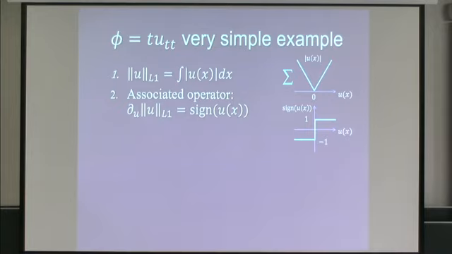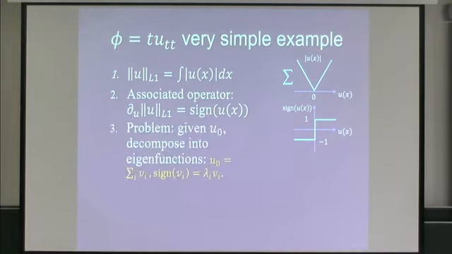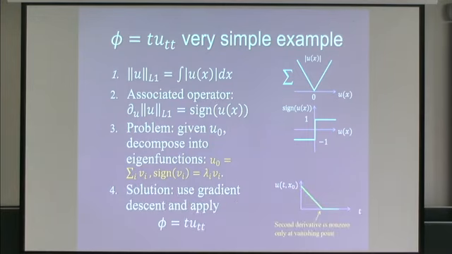So the associated operator of L1 is this sign function. It can be a set, but it doesn't really matter here. Okay, and the problem: given some signal, U0, decompose it into a sum of eigenfunctions.